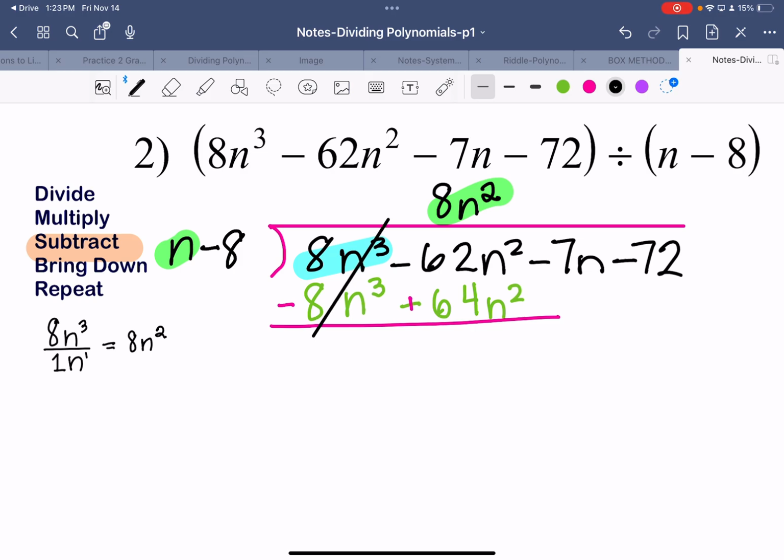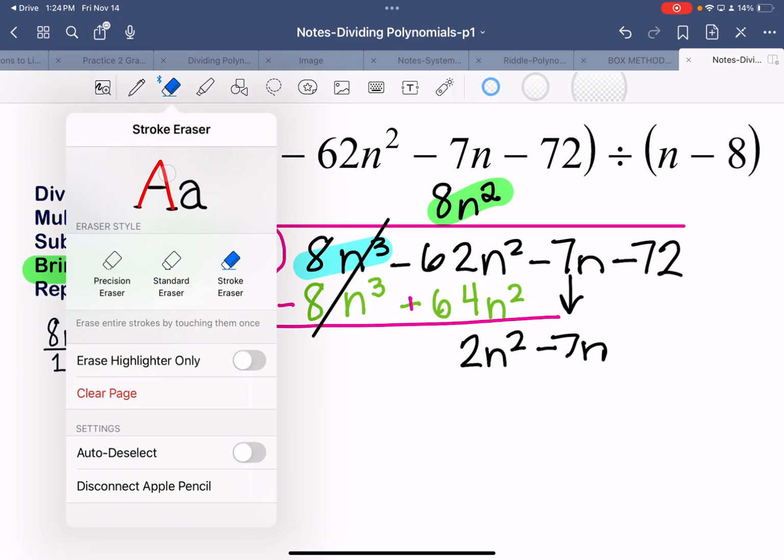And then negative 62n squared plus 64n squared is going to give us 2n squared. We subtracted. Now let's bring down. So this negative 7n comes down. And now we're going to repeat.